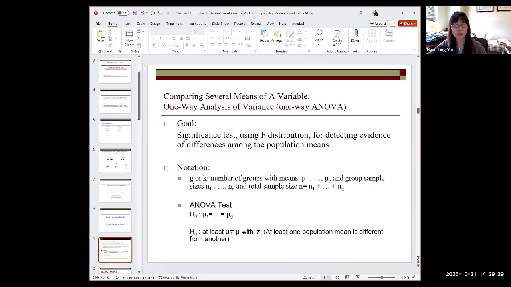When you have one variable, but within that one variable there are multiple groups, like partisan group: Republican, Democrat, and Independent. It's multiple groups, but it is a single party ID variable. That is what we call a one-factor or one-way ANOVA test, and it will be the discussion for next week.